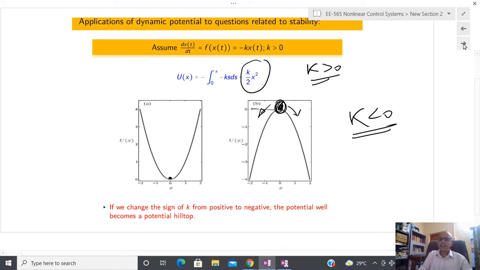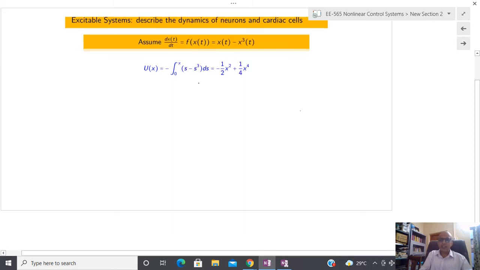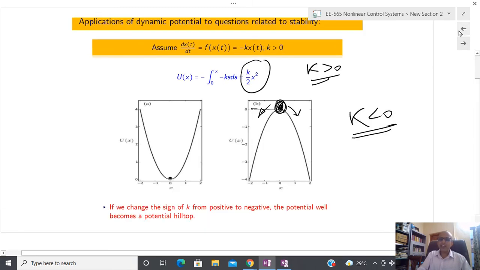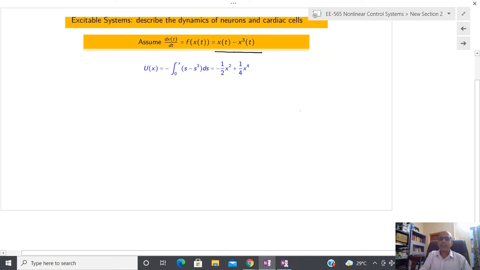Okay, let us look at a nonlinear system. Since I am going to talk about the intuitive idea of stability, I have taken all examples from practical systems. First order linear system is represented like this, and here I have taken a biological system, which is called an excitable system.